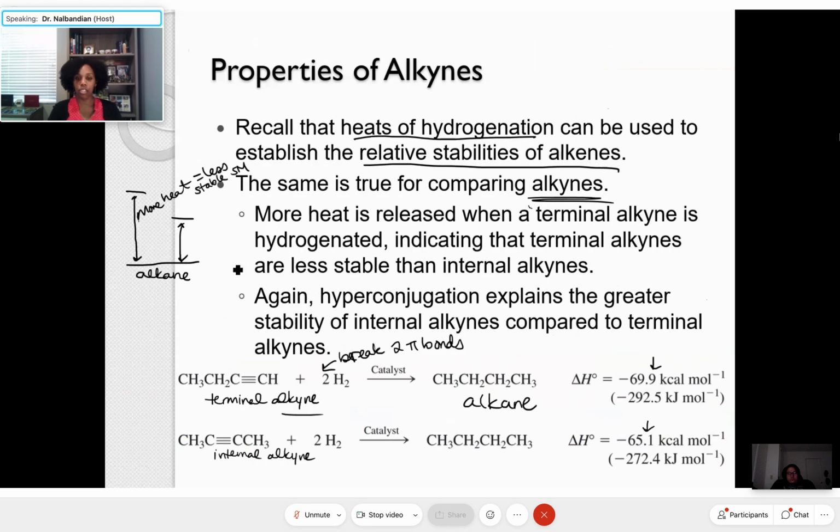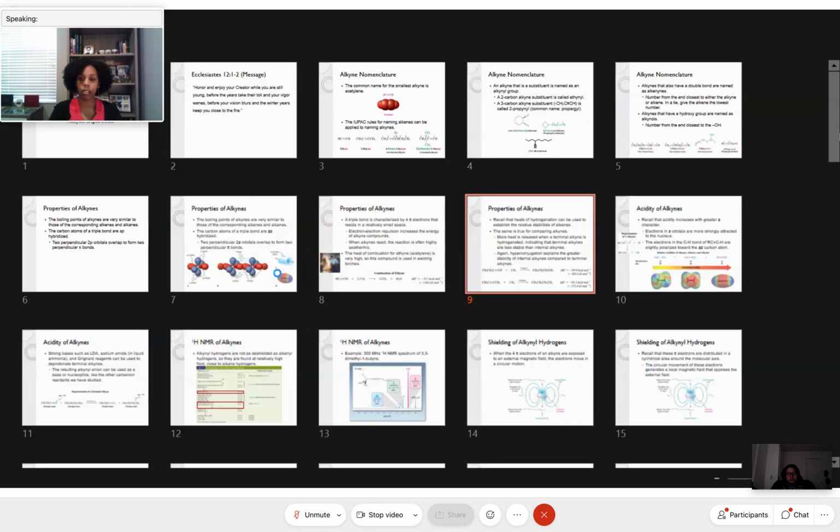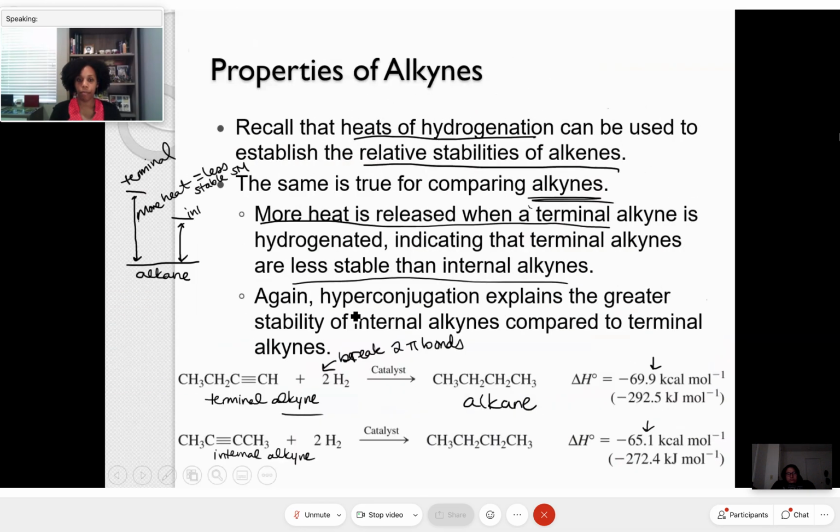More heat, that tells you that it's less stable. So more heat is released when the terminal alkyne is hydrogenated. So that means that they are less stable than internal alkynes. So terminal alkynes are less stable than internal alkynes.